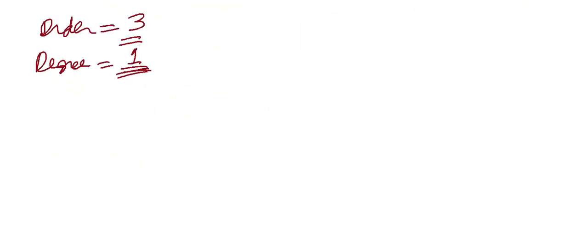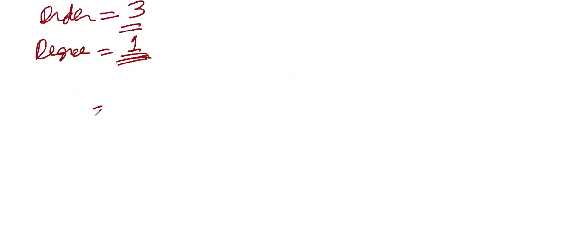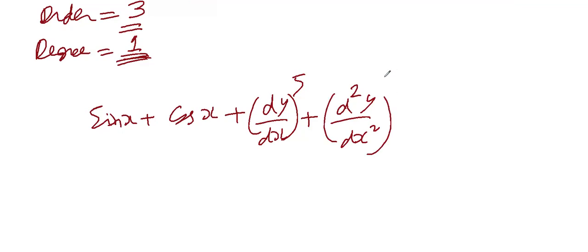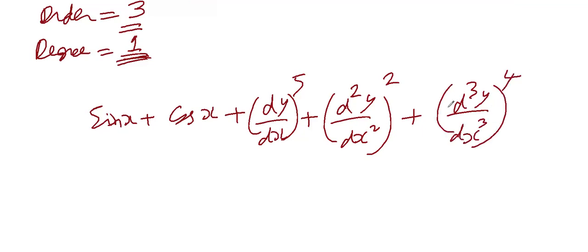Similarly, I can have one more equation like sin x plus cos x plus dy by dx the whole to the power of 5, then d2y by dx square whole to the power of 2, then d3y by dx cube whole to the power of 4.